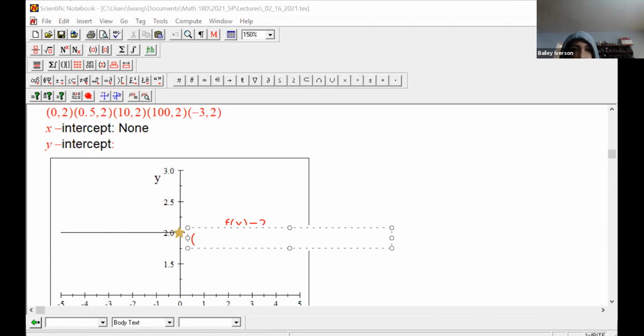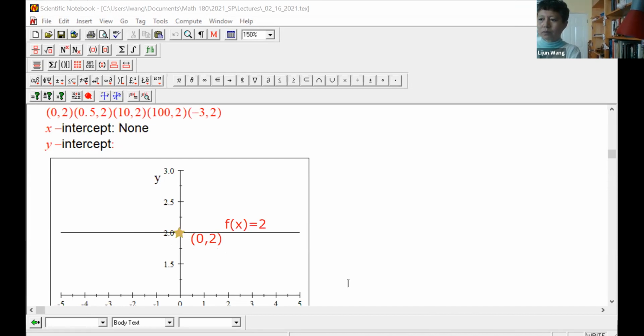How do you describe that point, that star? (0, 2). What does it mean? When the input is 0, the output is 2. And therefore the y-intercept is (0, 2).